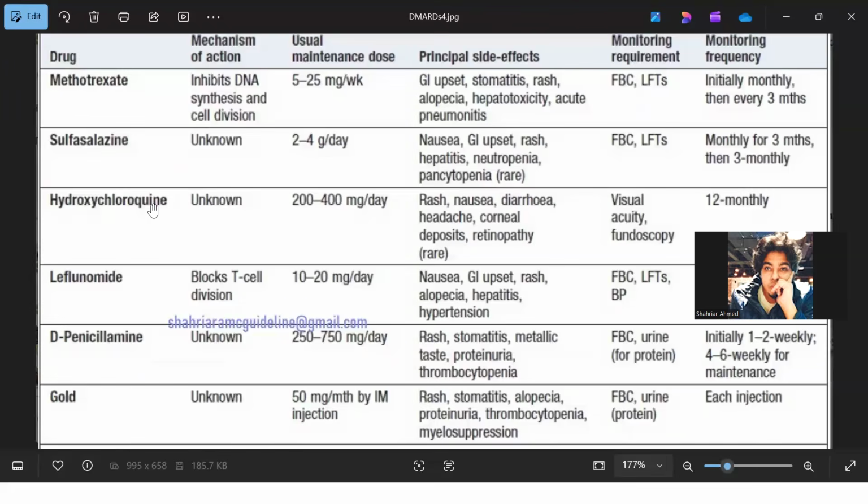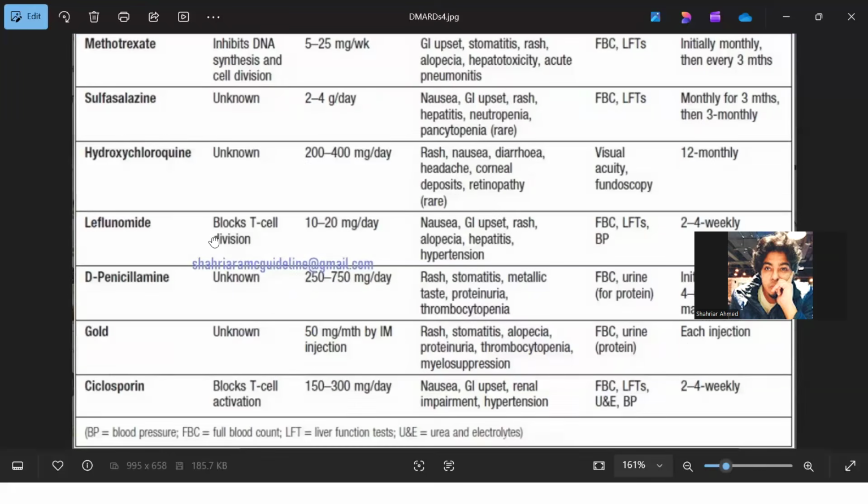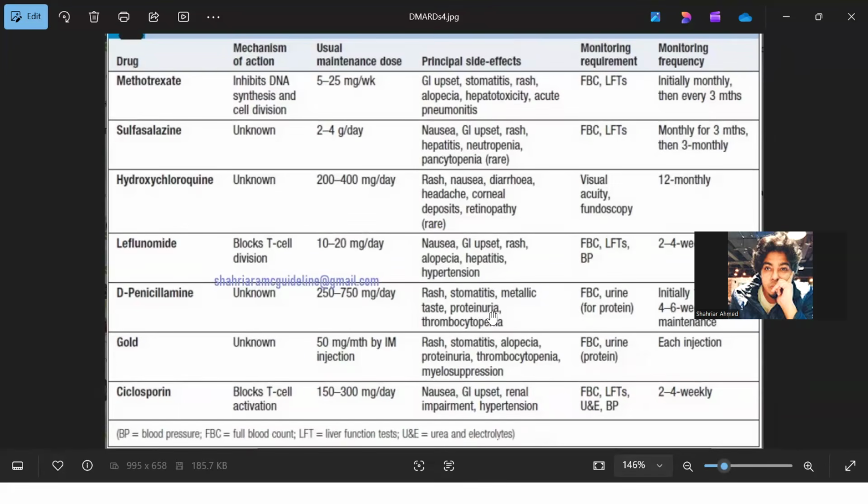Leflunomide: again CBC and liver function tests, but it can raise blood pressure. Penicillamine can affect the kidney and the urine. Cyclosporine is another one that can be nephrotoxic, and in some cases cause hypertension. So that is a little information regarding disease modifying anti-rheumatic drugs.